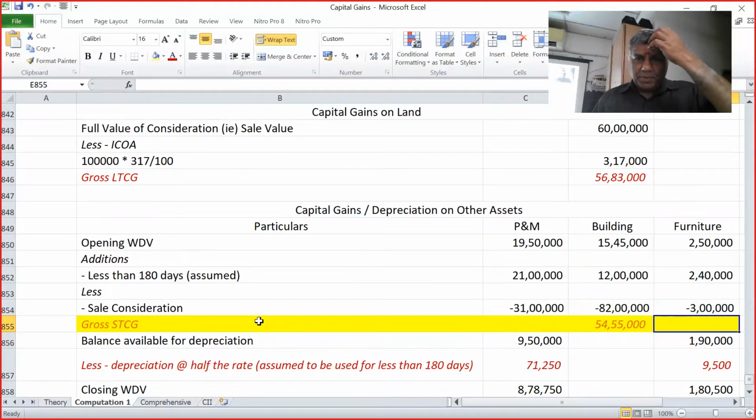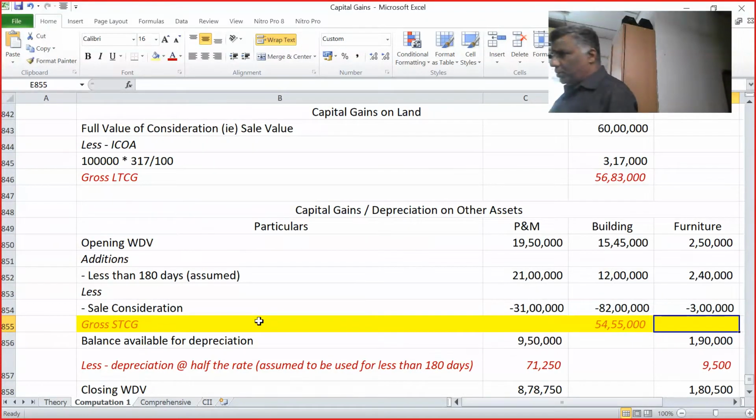Any doubts, please ask me. So where I reduce the sale consideration after opening balance plus WDV, this is the depreciation format. I'm getting 54.55 short term. Shall I move on, friends? If you are still doing, I'll wait. Please let me know.